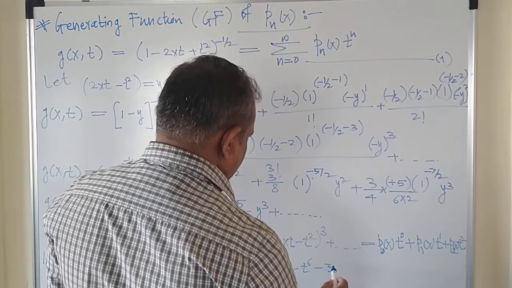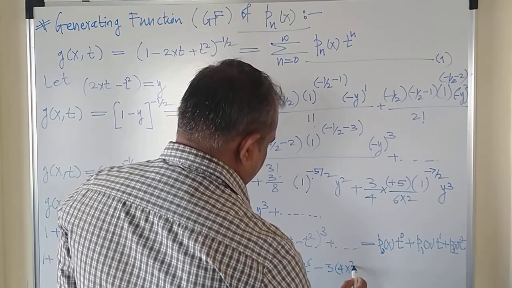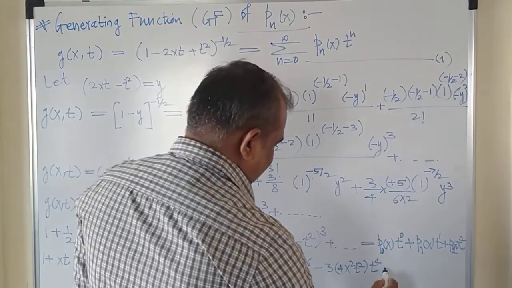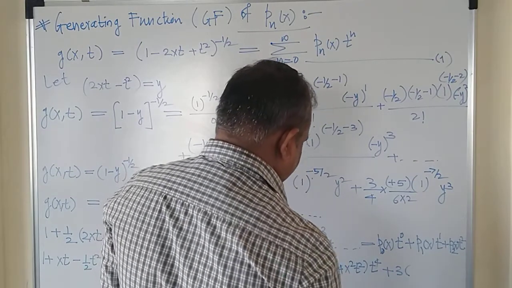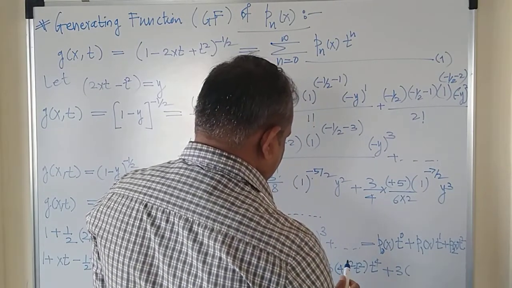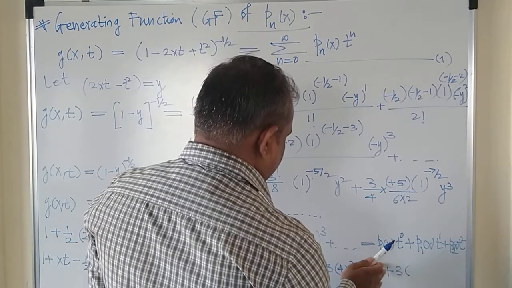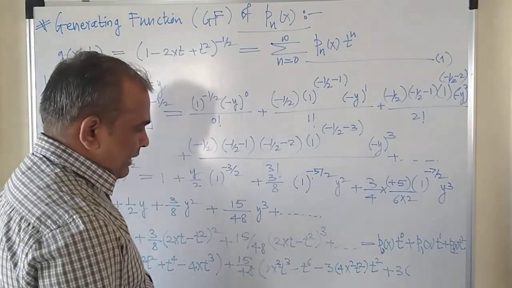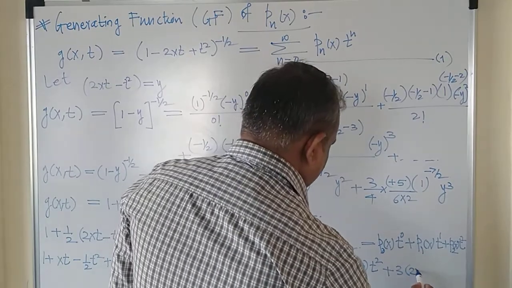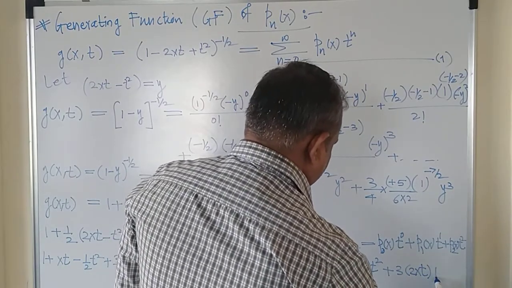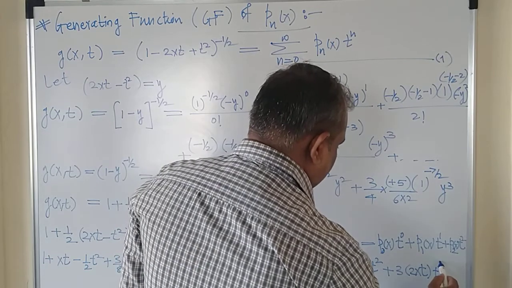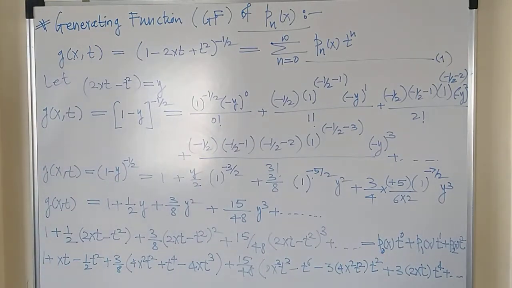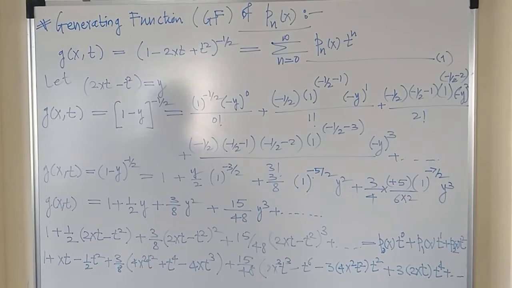A square is 4x square t square and b square is t raised to power 4. Plus 3 a square b, you need not square the b here, and in the next step 3 ab square, a is 2xt only and b square is t square square, that means t raised to power 4, plus dot dot dot. That's all. Now this becomes very lengthy, and let me rough this out.